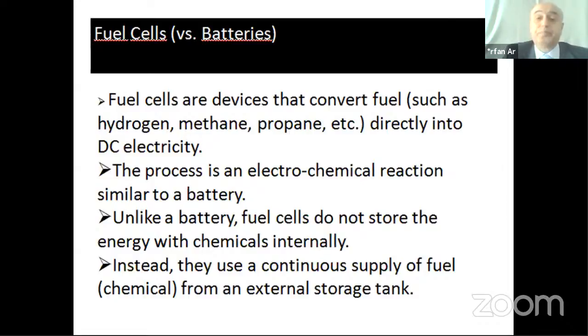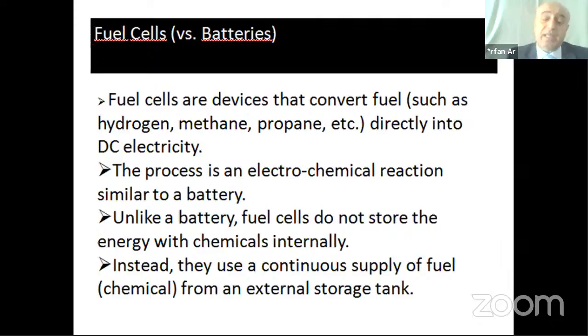But in fuel cells, theoretically, we can reach up to 83% efficiency. But when this energy is converted to the moving parts of the automobile, in that case, this efficiency drops to 42 to 36%.